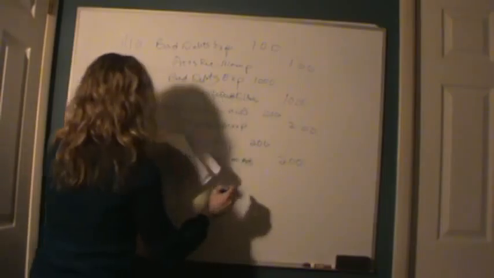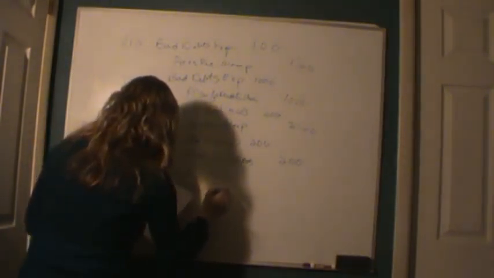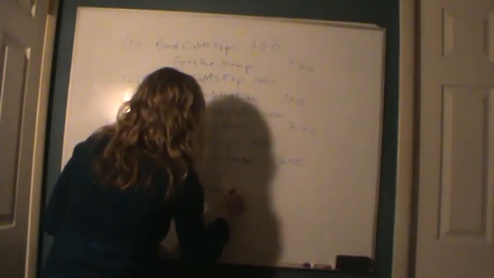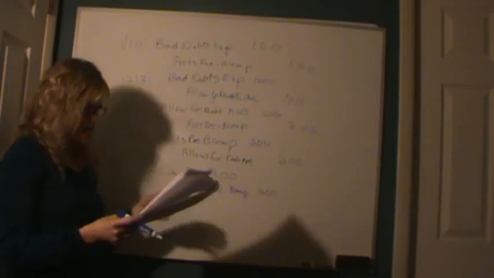Debit cash and get rid of our accounts receivable. So we're going to debit cash for 200 and credit accounts receivable for B Company 200. Okay? So that's basically how we're going to do all of this. If you have any questions, go over this a couple times. If it doesn't make sense, please contact me.